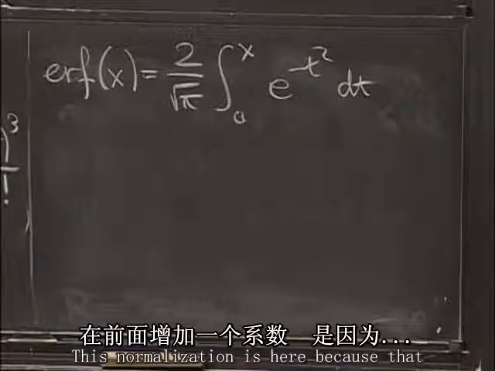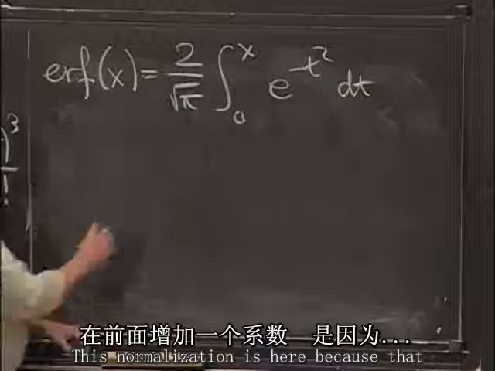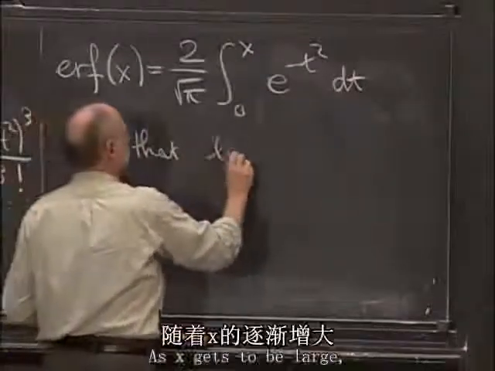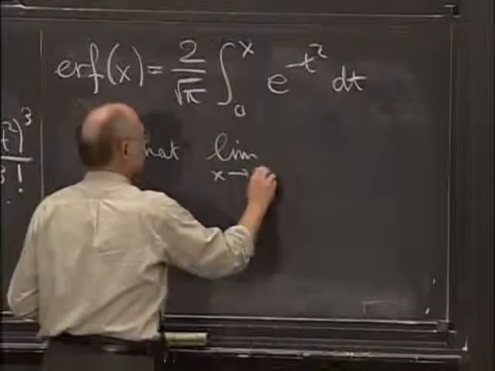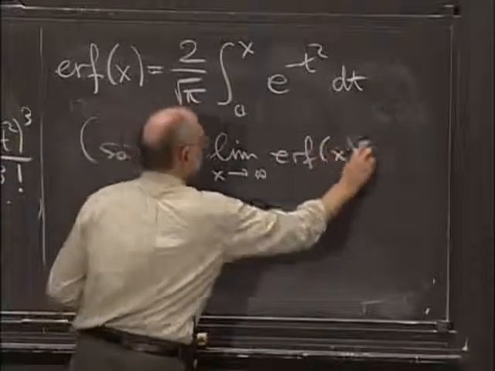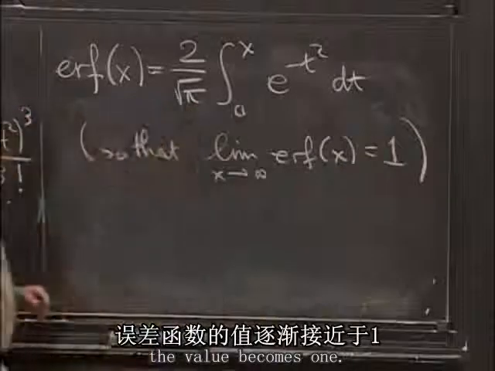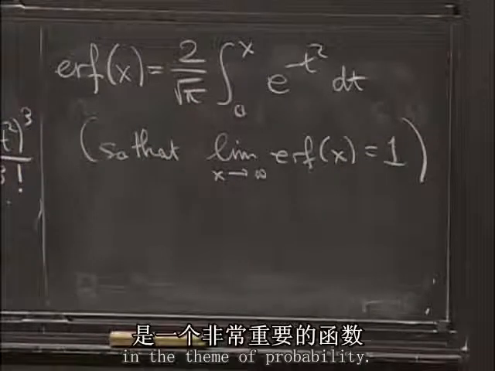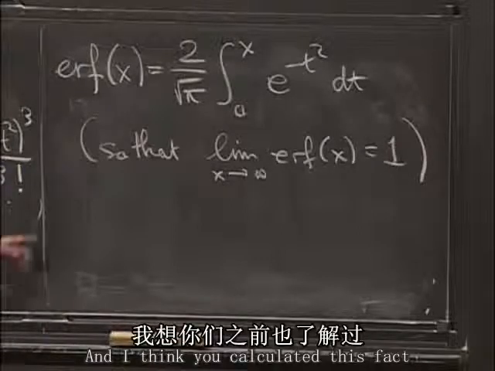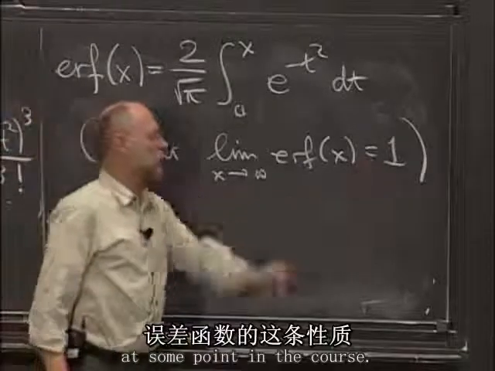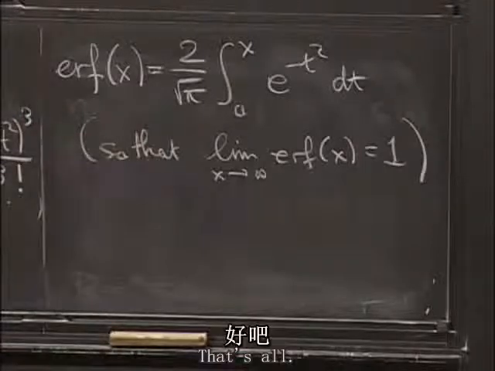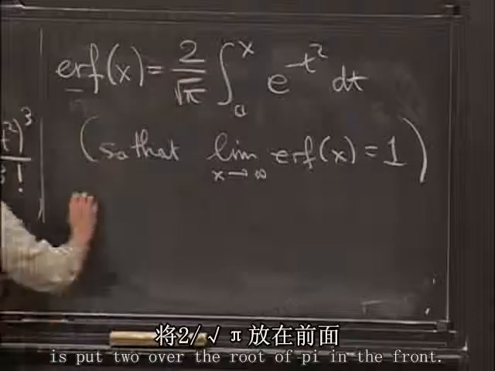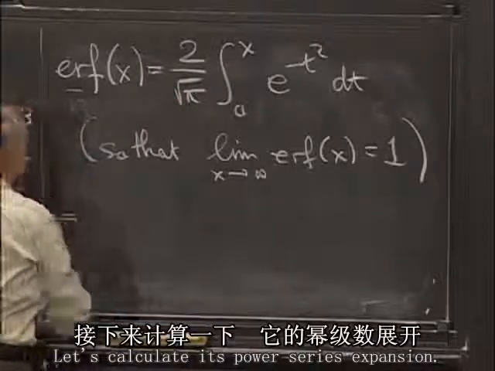And this normalization is here because as x gets to be large, the value becomes 1. So this error function is very important in the theory of probability, and I think you calculated this fact at some point in the course. So this is the standard definition of the error function, to put a 2 over the square root of pi in front. Let's calculate its power series expansion.